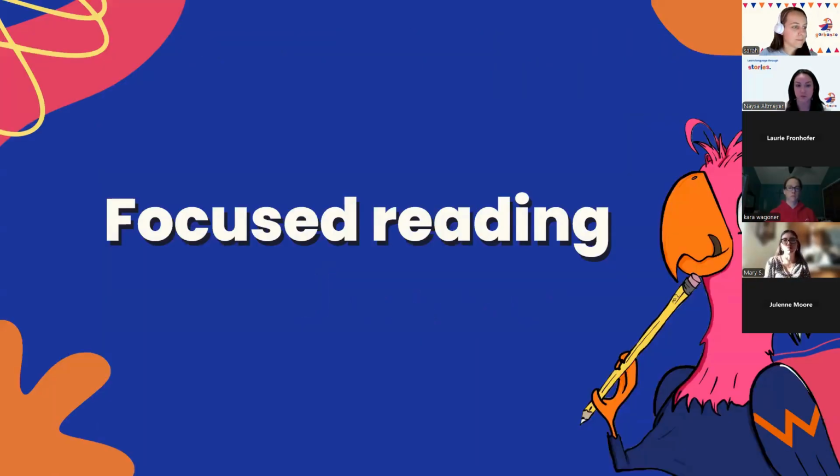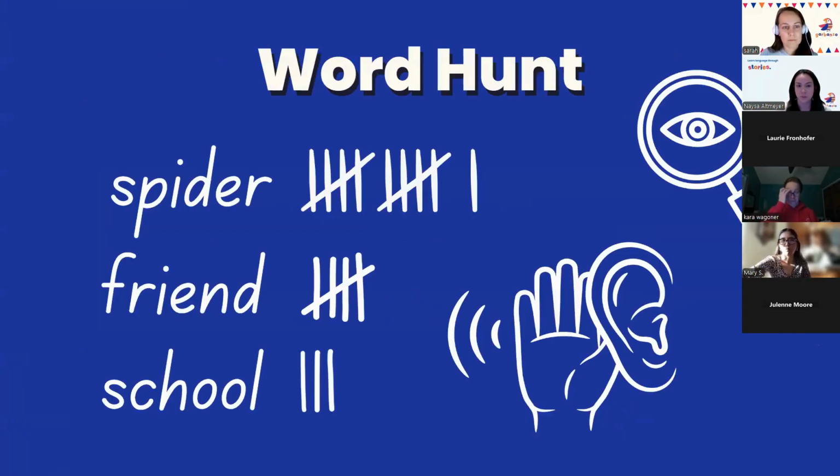You could have them just do a focused reading. Just have them do a word hunt. How many times did you see the word spider? How many times did you see the word friend? And the reason that I have the magnifying glass and a listening is because I'm saying this as if they're readings, but if you have the audio features, you can absolutely do this as a listening too. And again, you can do this with any story.